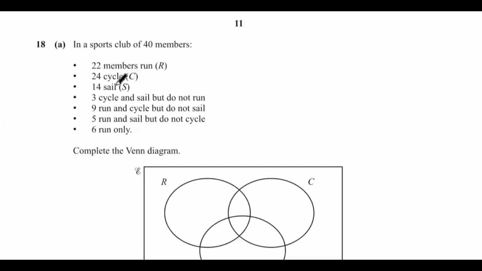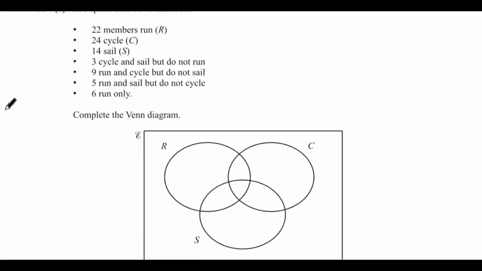Let's start with this. 22 members run, 24 cycle, 14 sail, so we cannot put them there yet. Then 3 cycle and sail, but do not run. That is cycle and sail only. So it will be 3 here.